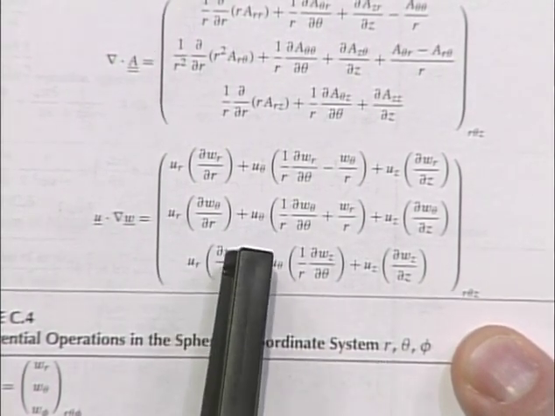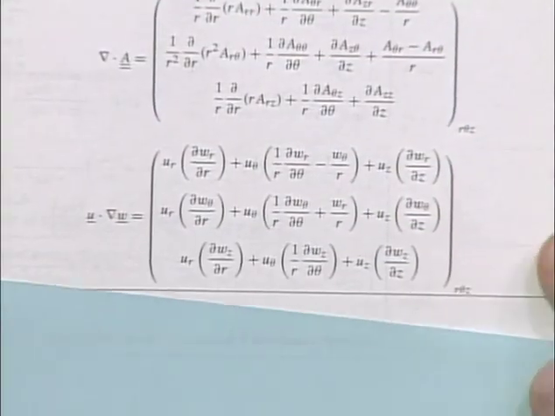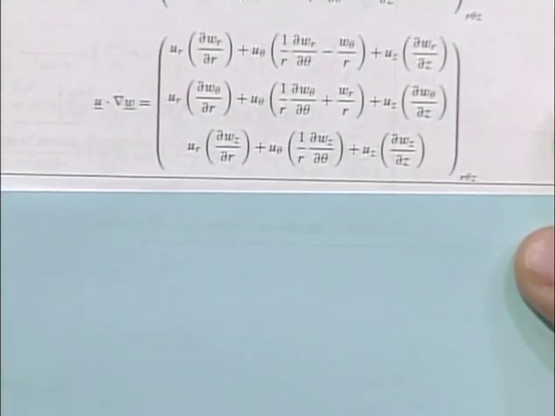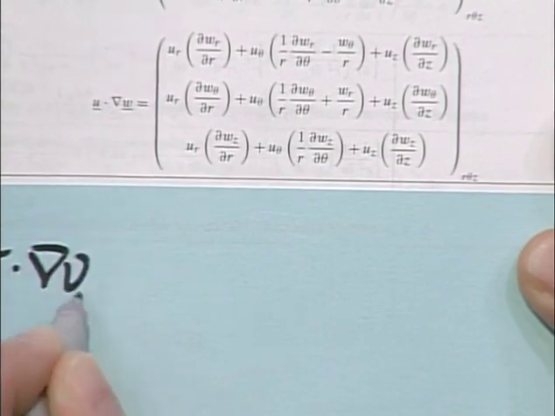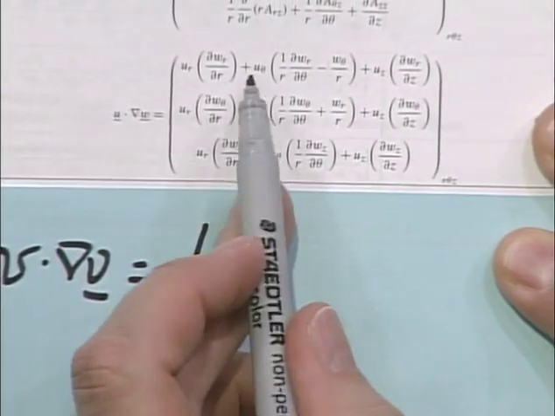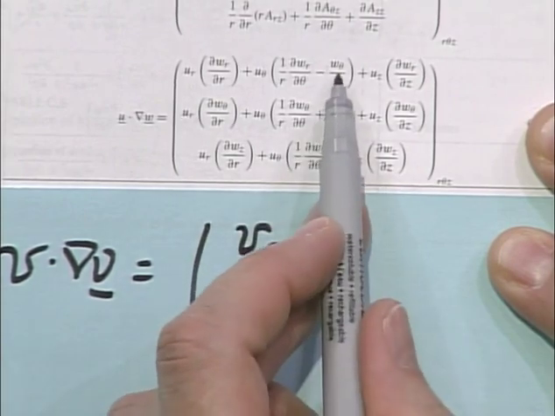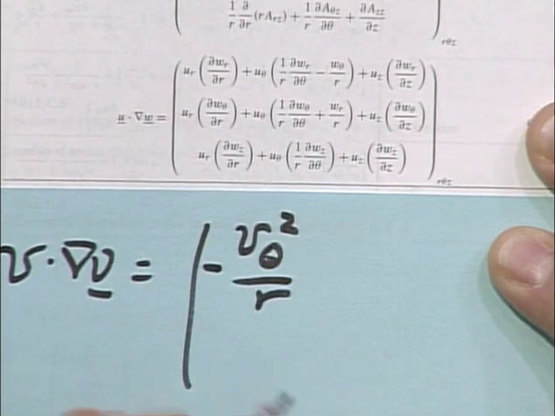This top one, I'm just going to sneak this up there a little bit. There we go. The top one, there, that u theta is a v theta. And that v theta over r becomes this v theta squared over r term that you remember from the homework.